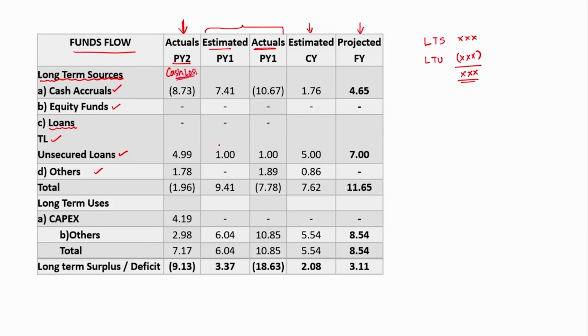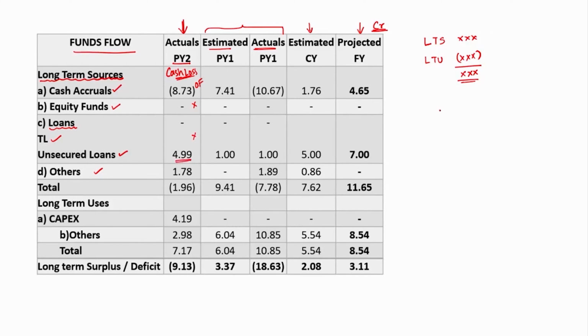In previous year 2, they lost 8.73 crore, assuming figures are in crores, in their business operations. This is not an inflow, it is shown within brackets, meaning it is an outflow. They have not mobilized any funds from shareholders. They have not raised any term loans, but they have raised unsecured loans.